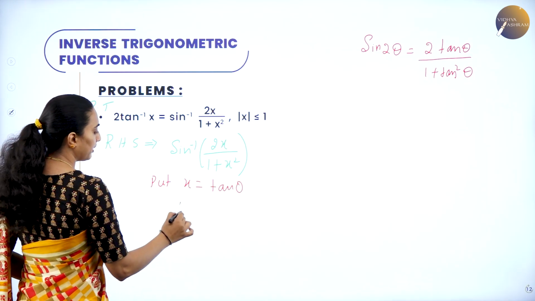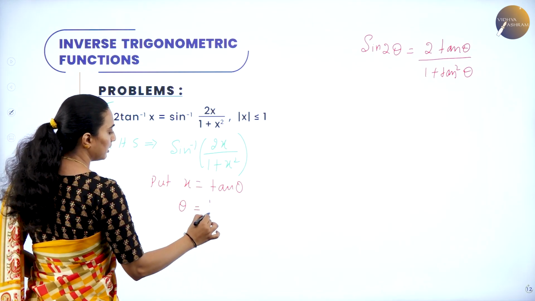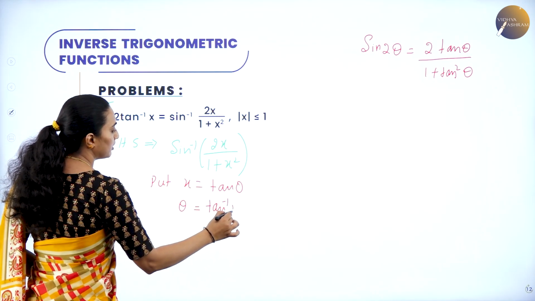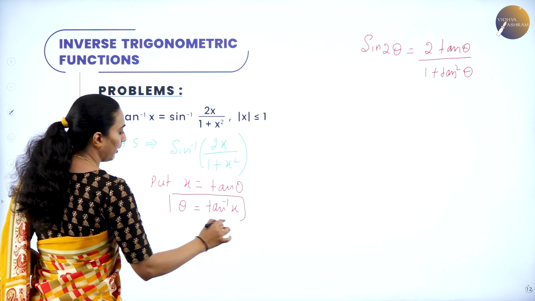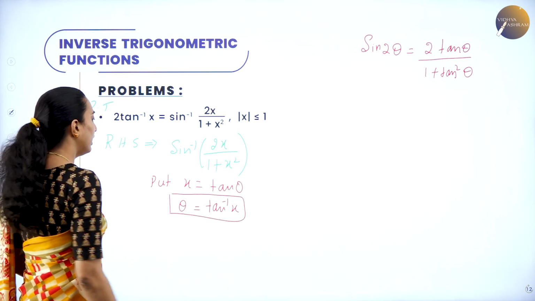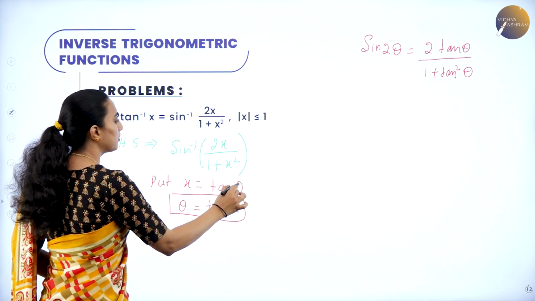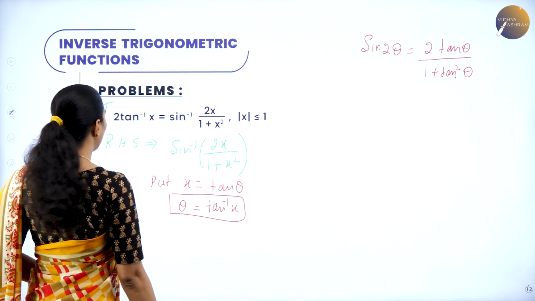Therefore, what will theta become? Bring tan to that side, it will become tan inverse x. This is important. Okay? Tan inverse x. And this is also important: substituting x is equal to tan theta.